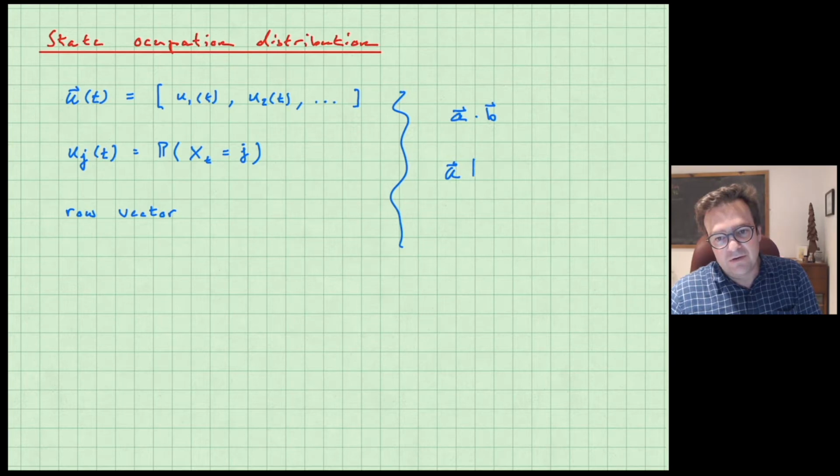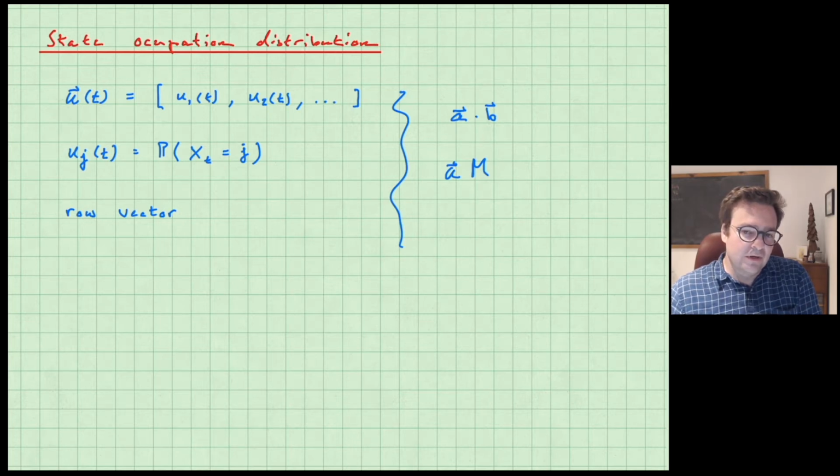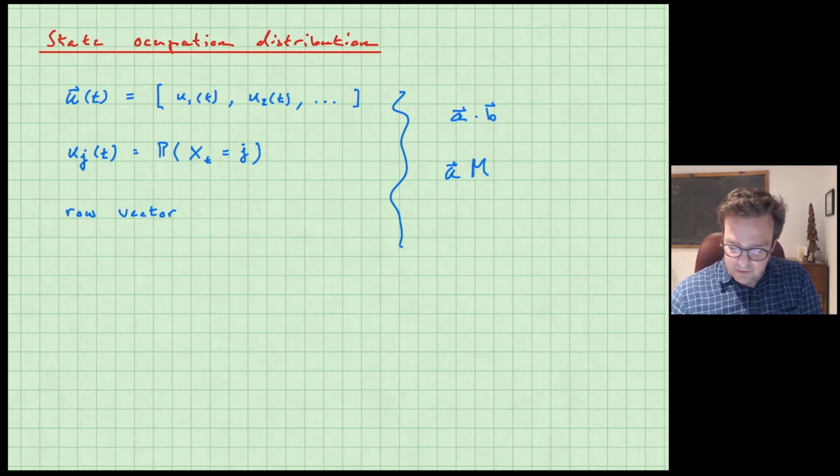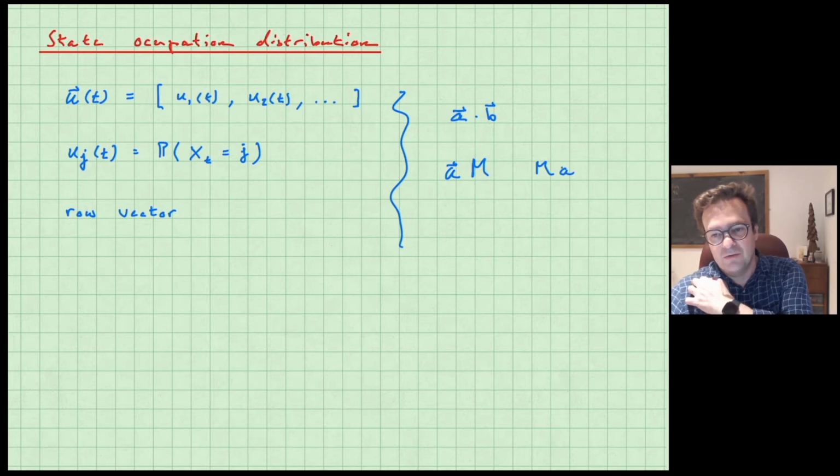Now if that vector had n components and that matrix was n by n, this product would only work if the vector was a row vector. It wouldn't work if it was a column vector. Instead, if it were a column vector, you'd need to write the product the other way around.